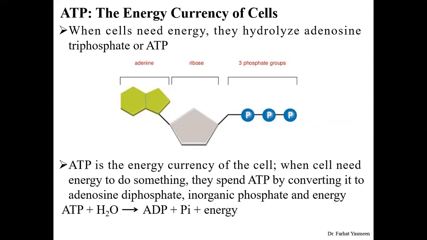So as a result of the breakdown of the terminal phosphate group, there is a release of energy which is immediately available to the plants to do different energy activities. What are the properties of ATP?